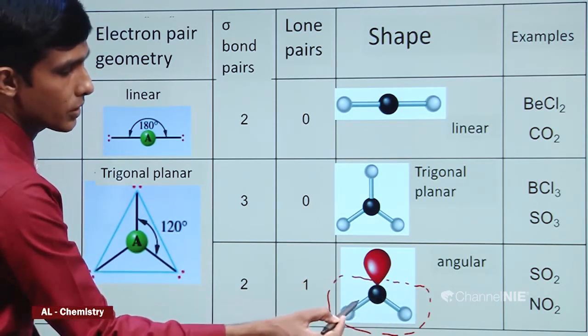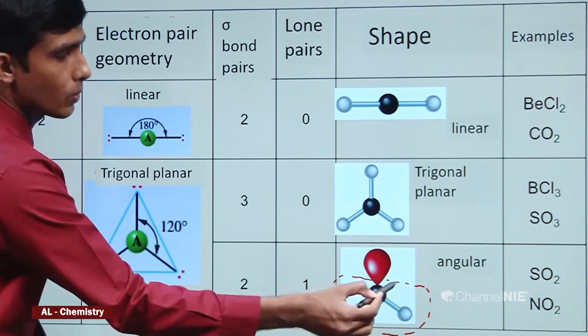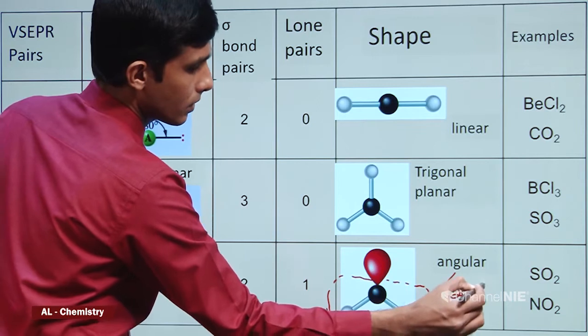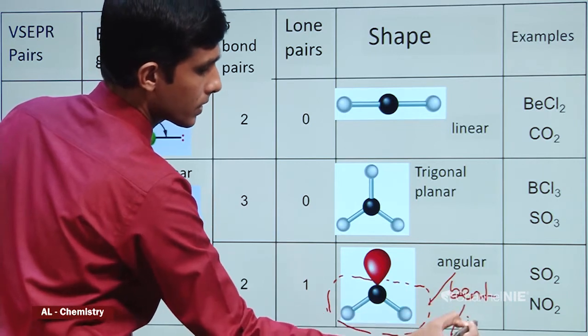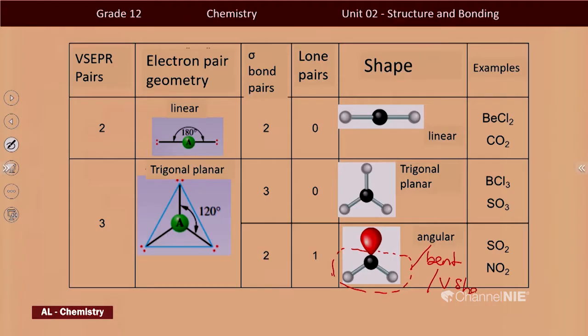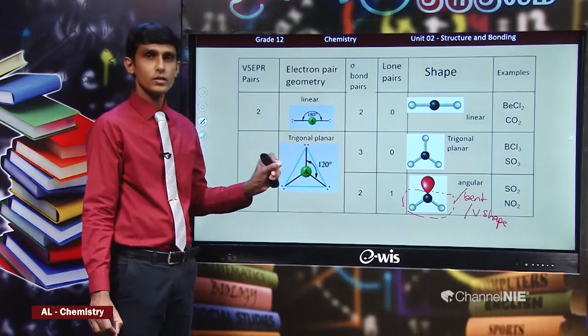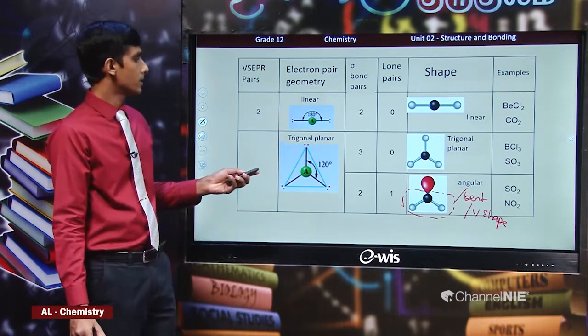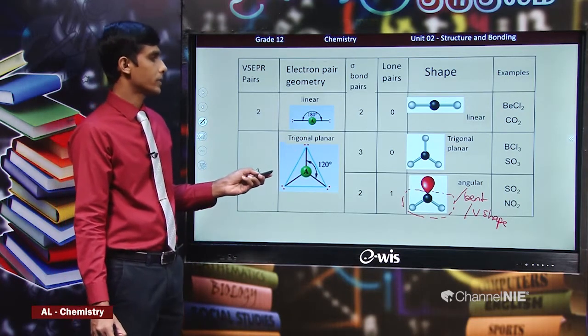Between the atoms, this shape is called angular, or bent, or even V shape, they are correct. The shape of this type of molecular ion is angular, bent, or V shape. So, that is the trigonal planar geometry.